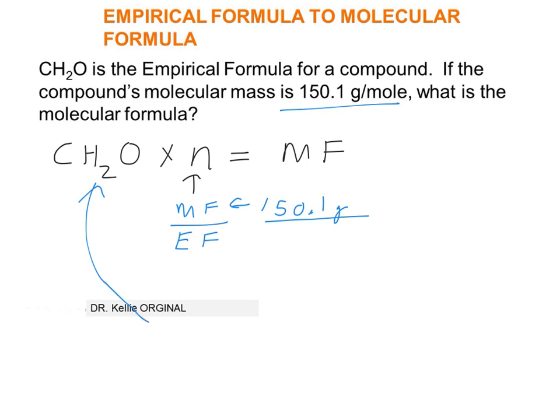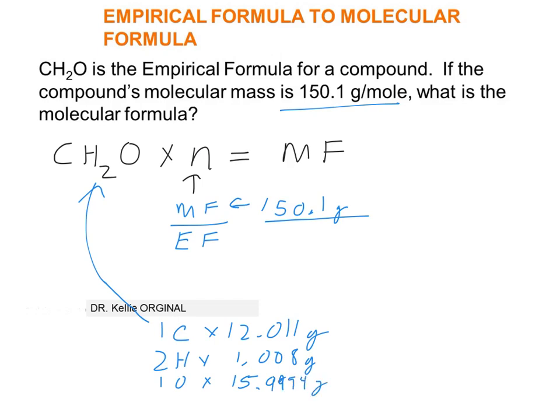We know that 1 mole of our empirical formula has 1 mole of carbon. We know it has 2 moles of hydrogen and 1 mole of oxygen, at 15.9994 grams.